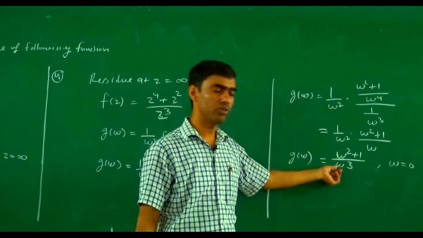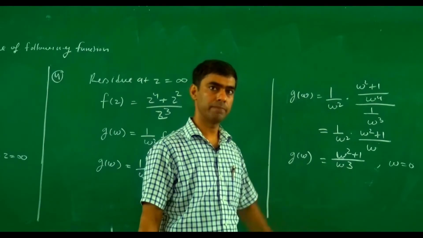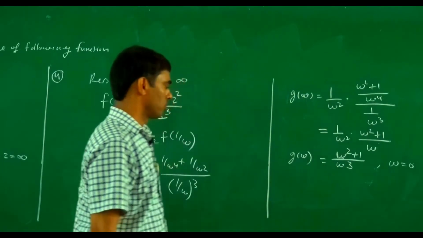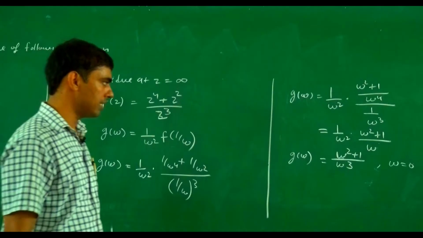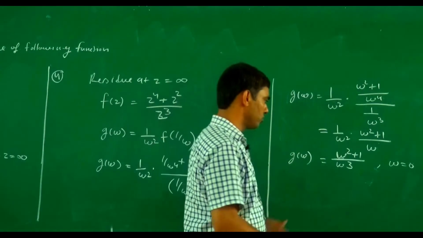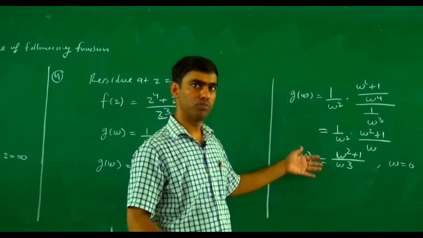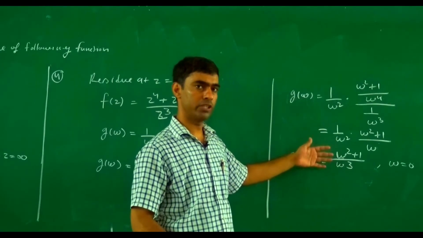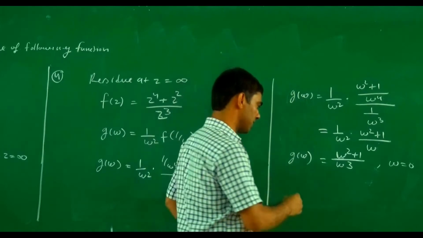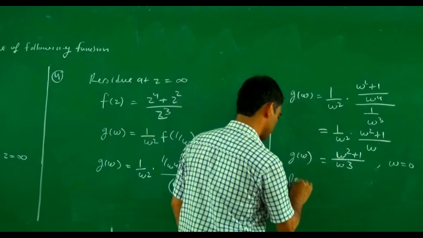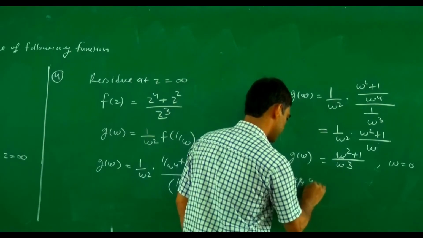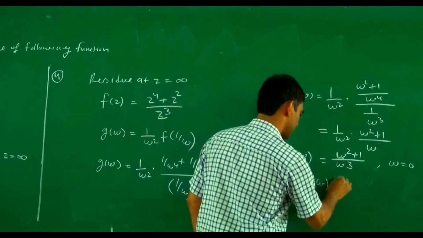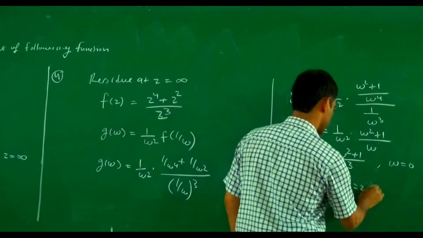Under the category of isolated singular point, this one is a pole of order 3. Here you may find the limit of (W minus Z0) to the power 3, that is W minus 0 whole cube, which gives the residue of G(W) at W equal 0.